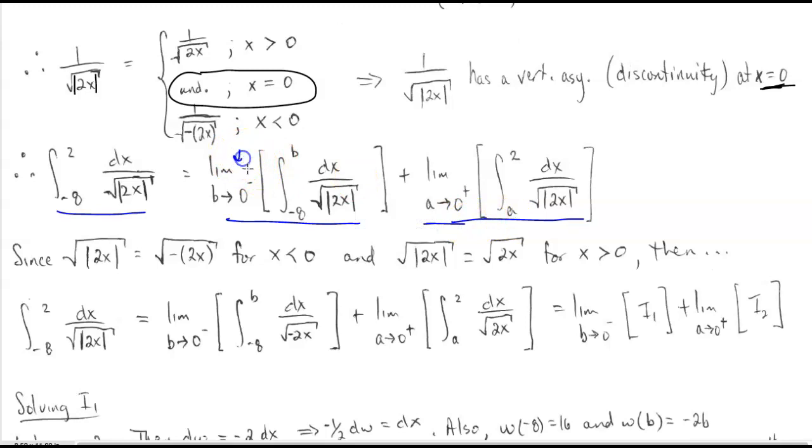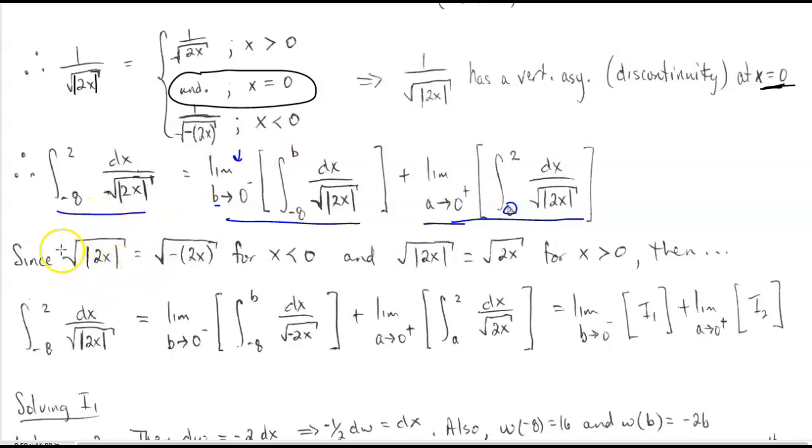And of course, since 0 is the upper limit for this first improper integral, we're using b, and it's going to be the lower limit for this second term. So of course we're using a, and I'm just using that convention to keep it consistent, so that you'll know what is what. You can use any letters that you want, but I like to use A for the lower limit and B for the higher limit.